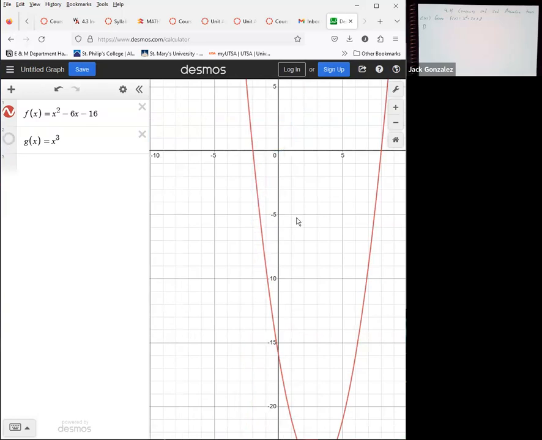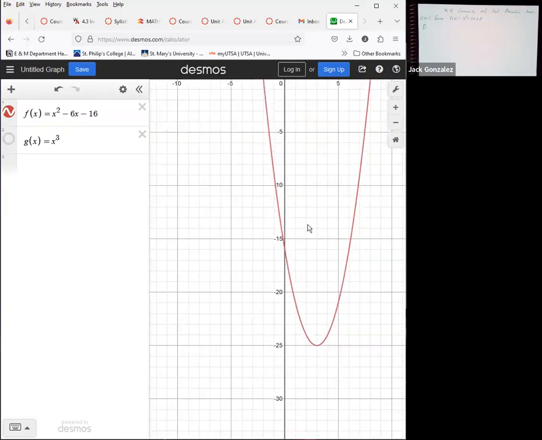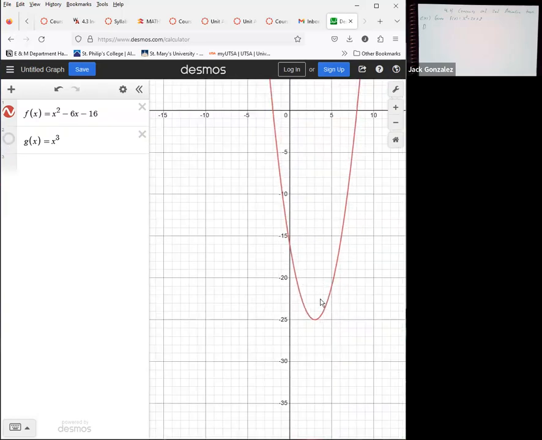Okay, so this function, this parabola, is concave up everywhere because it's opening upward. If it's opening up, it is considered to be concave up at this value, but also pretty much the entire thing is concave up.